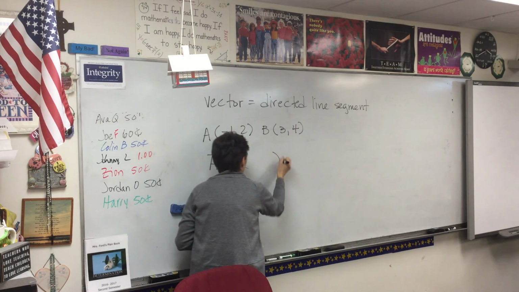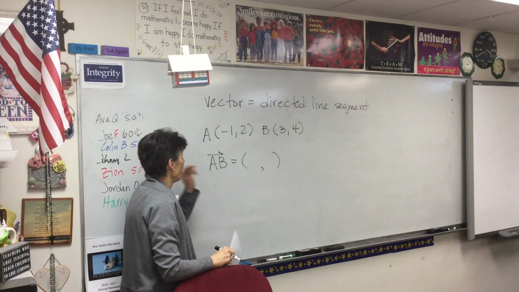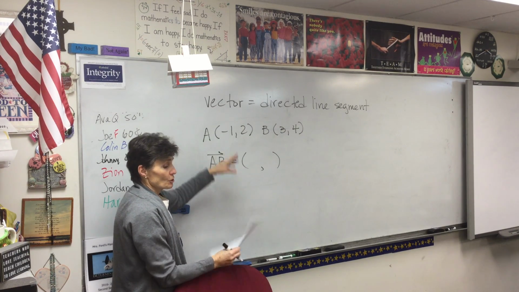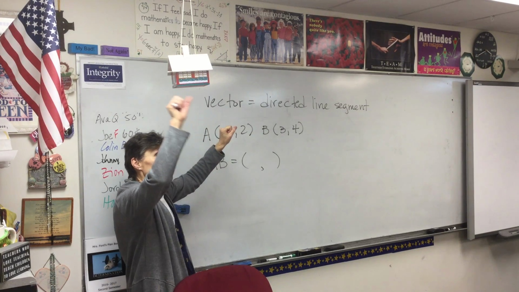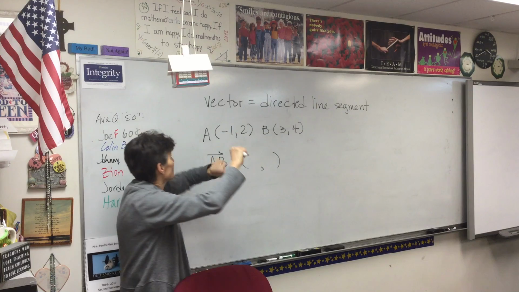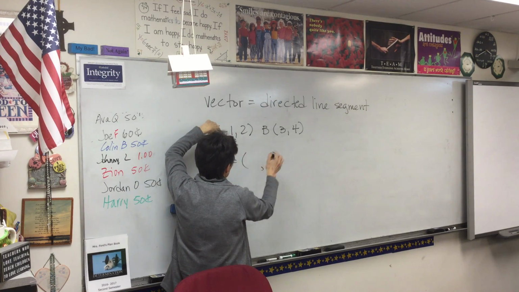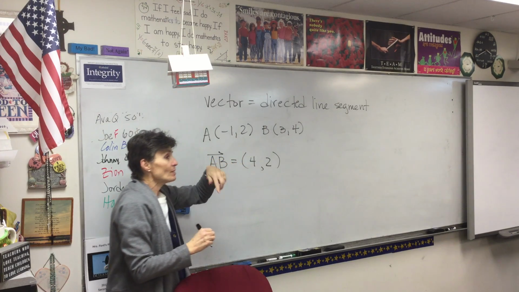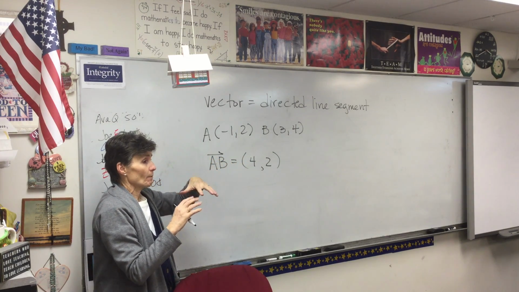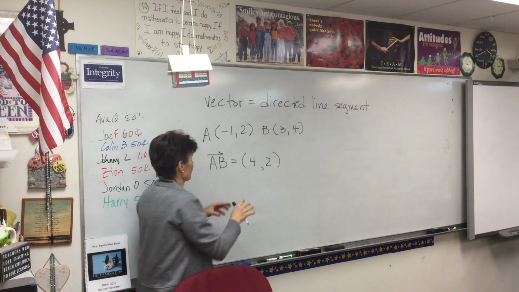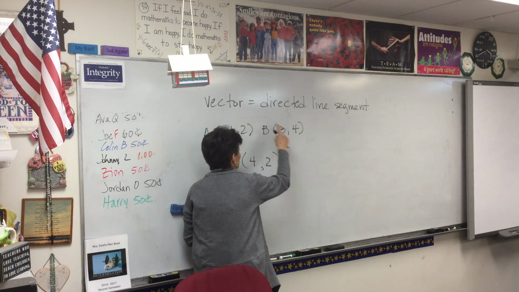This means find the coordinates of the vector from A to B. So it's like you're at this point, you want to go to this point, describe that motion. I'm going to tell you what the answer is, and then I want you to see if you can figure out how I got those numbers. Remember, I'm describing how I get from here to here.